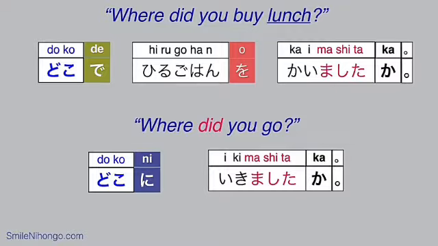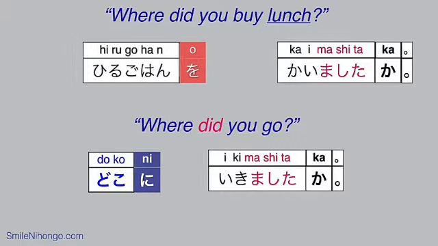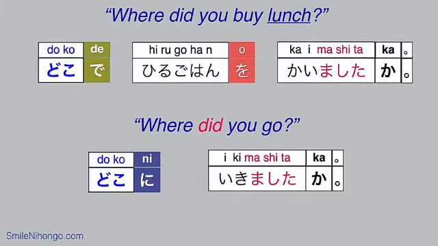So, where did you buy lunch in Japanese is どこで昼ご飯を買いましたか? And of course, if you want, you can switch these two units. They don't have to be in this order. It's all up to you.